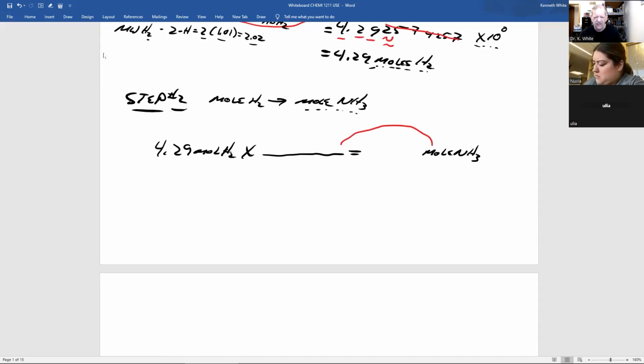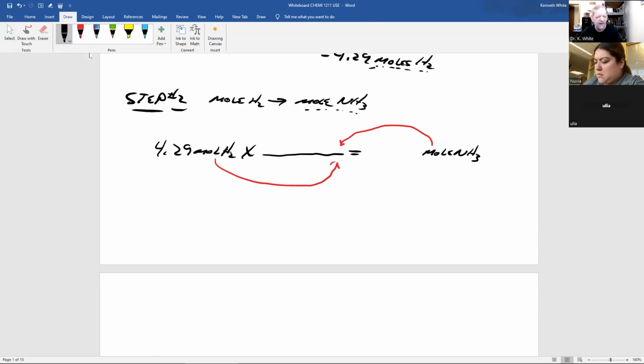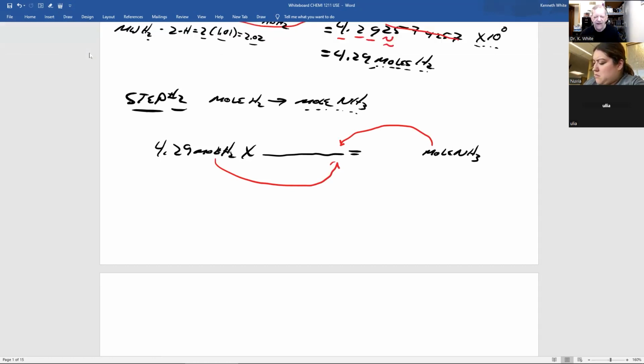Whatever we're trying to get to goes on top of the ratio. Whatever we're trying to get rid of goes underneath. And now I'll write it, moles of NH3, sorry about that, and moles of hydrogen. And where do we get that ratio? Moles of hydrogen, moles of ammonia.